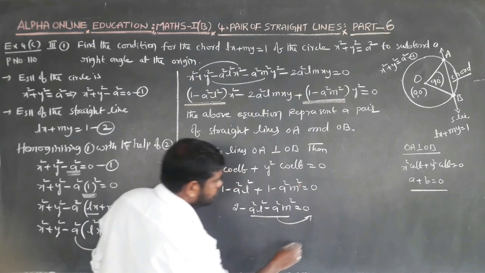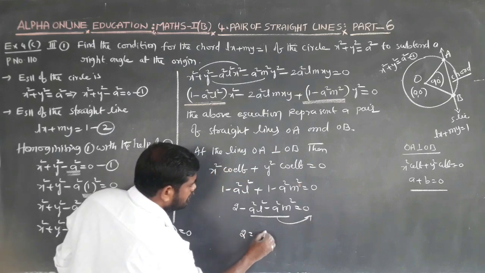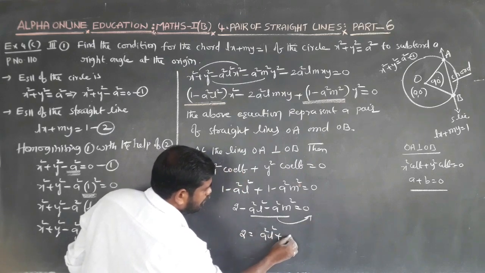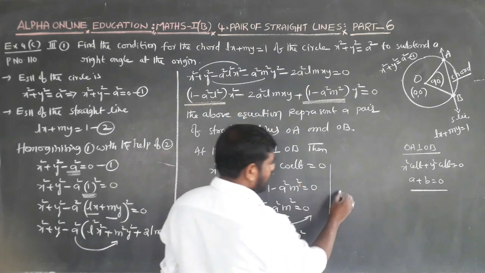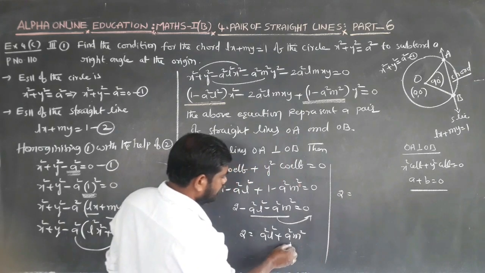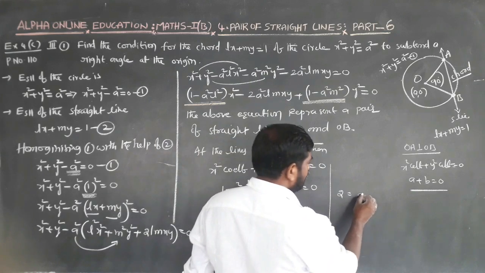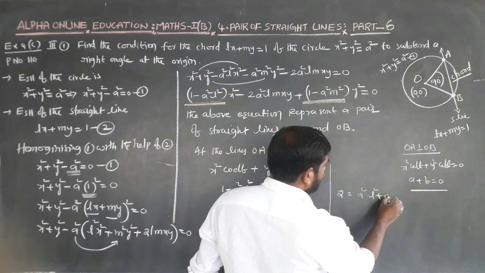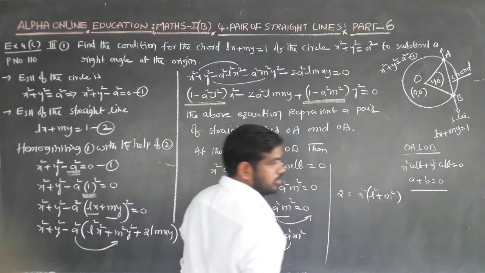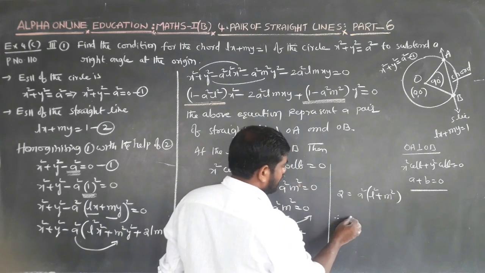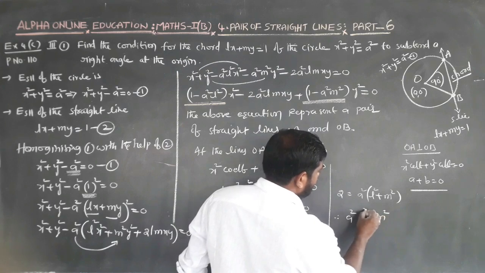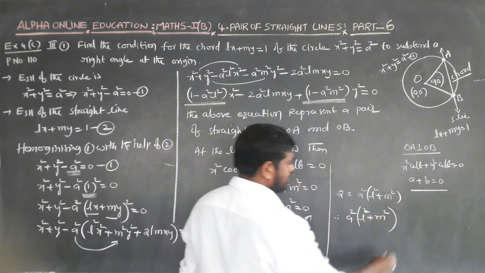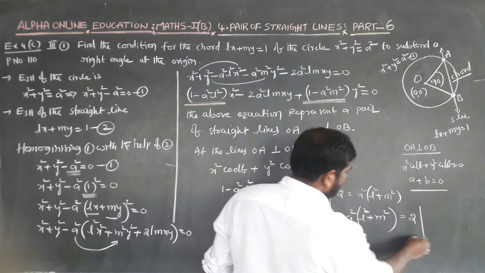Taking two terms to the right side, 2 is equal to a square l square plus a square m square. 2 is equal to, common into two terms, a square common, a square into l square plus m square.